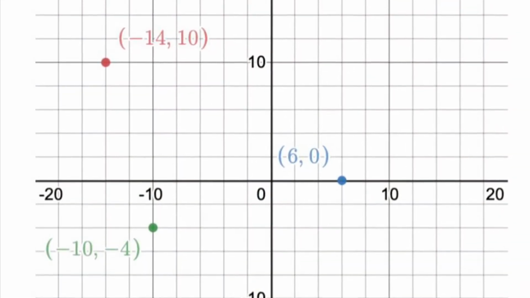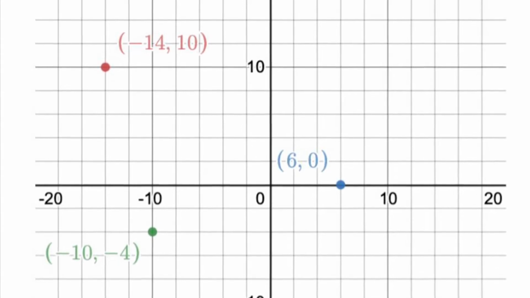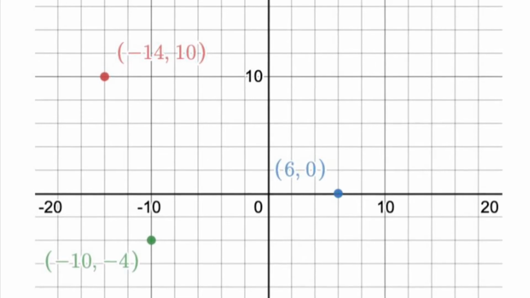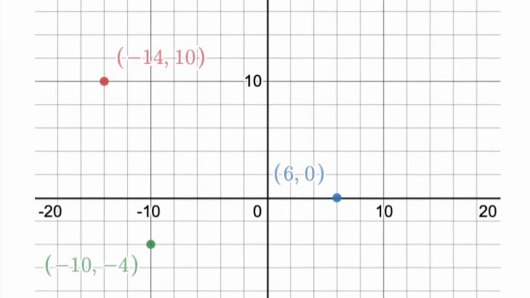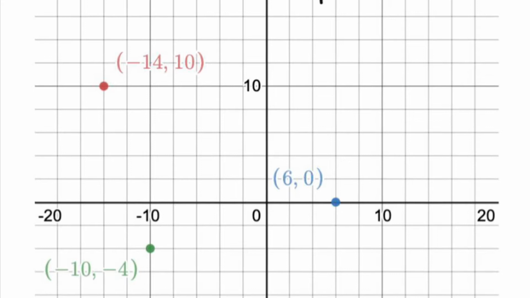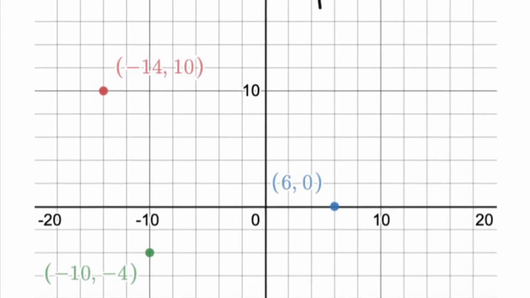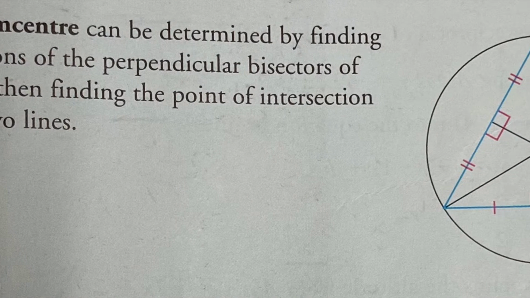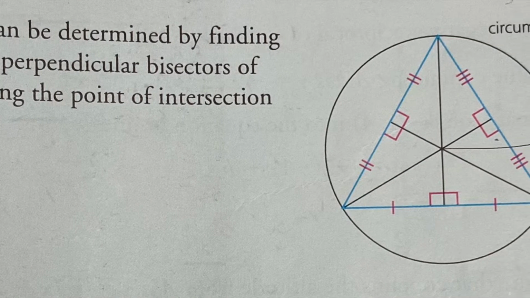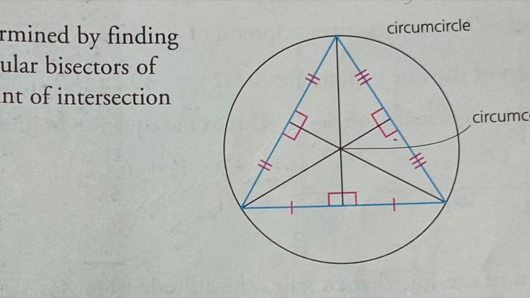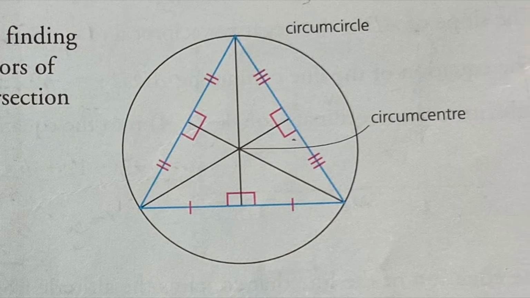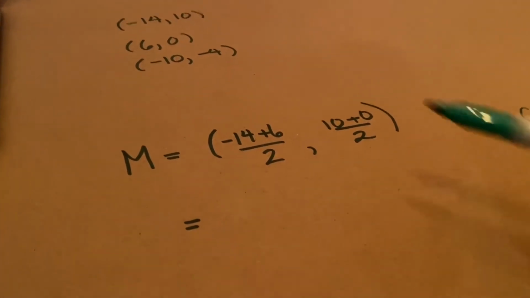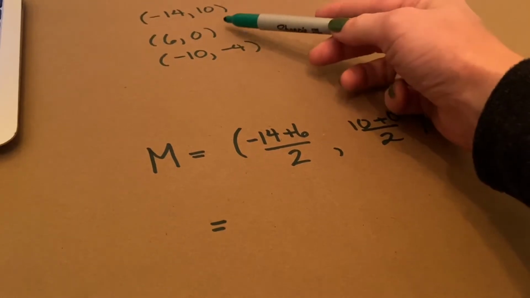So the first thing that I'm going to do is find the midpoint of the line segment between the red point and the blue point. Here I'm calculating the midpoint between this point and this point.